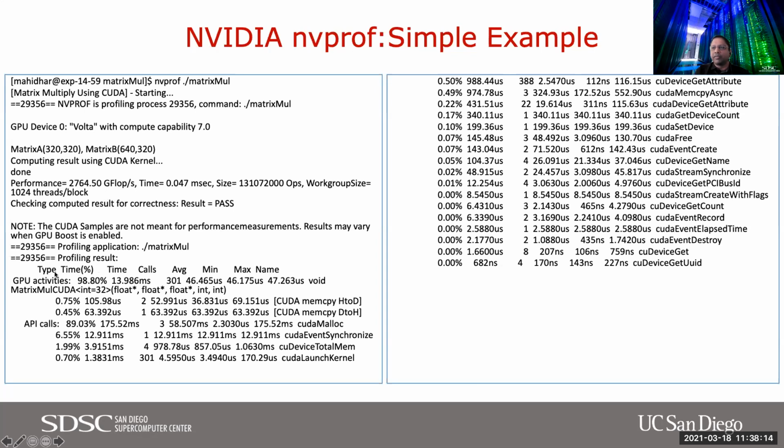This is all not from the profiler. You'll see underneath it says profiling application result. That's where the profiling output starts, and you can basically see the time percentage, the time it's taken, number of calls, average, min, max, and the name of the call. So you can actually get a quick look at what's going on in the code.